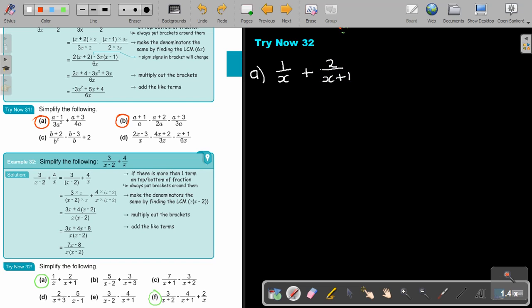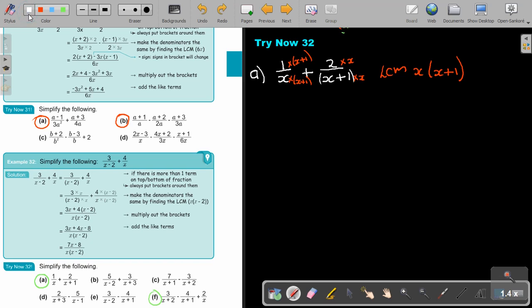Okay, so in this case, again, put your brackets. What is your LCM? It's the single x plus the bracket x plus 1. And again, if you want to see what you must multiply with, take this, divide by x, cancel. So I must multiply by the bracket x plus 1, I must multiply by x.